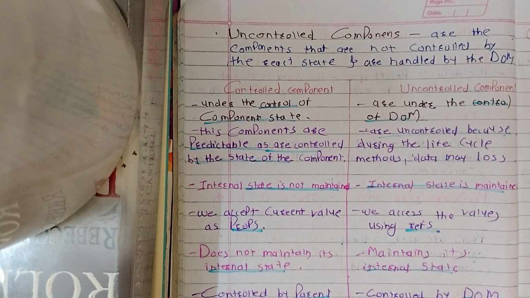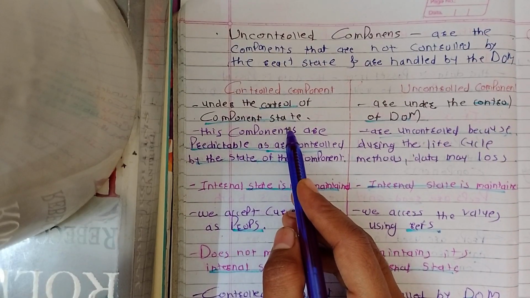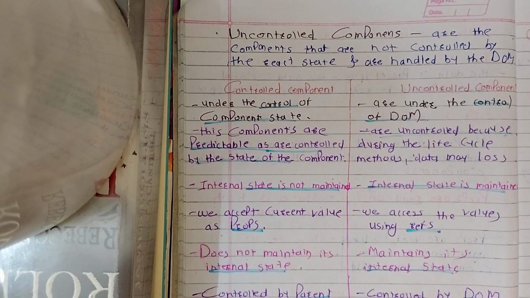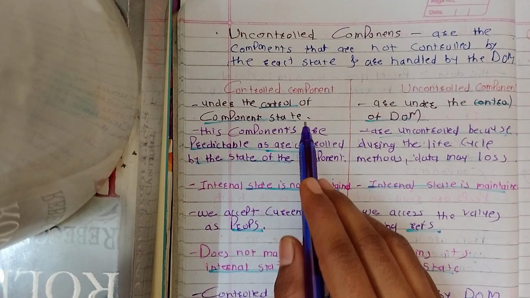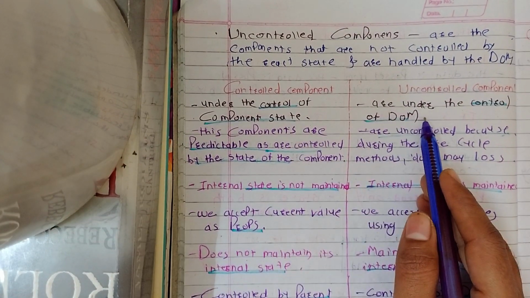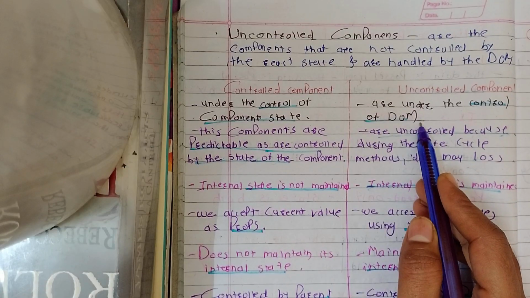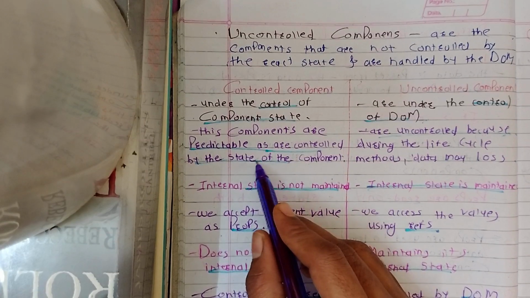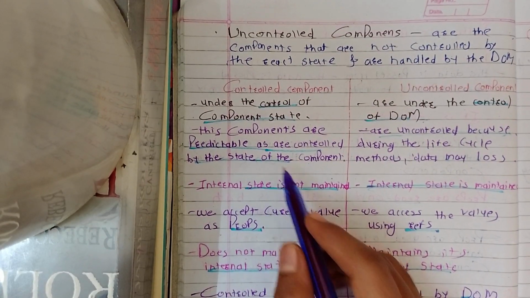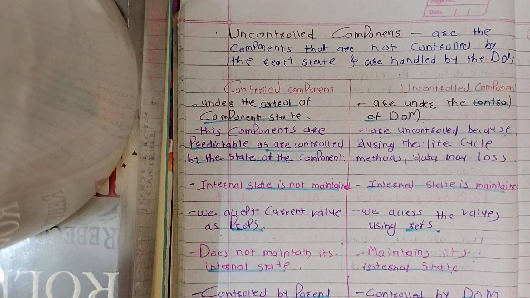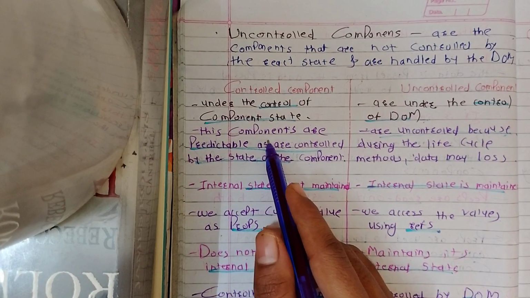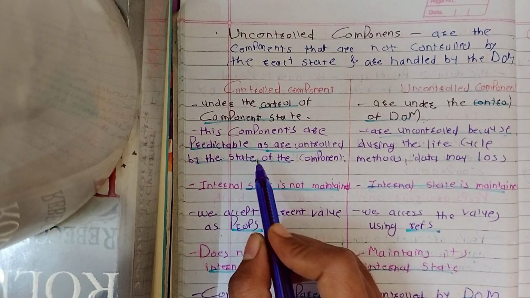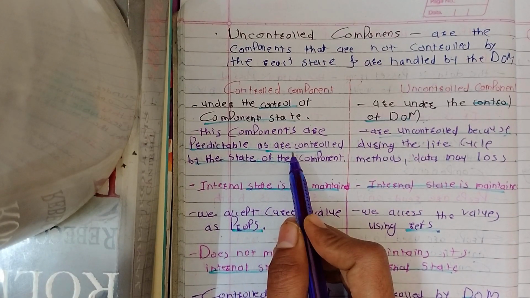Now we will see the difference between controlled and uncontrolled components. Controlled components are under the control of component state, whereas uncontrolled components are under the control of the DOM. Controlled components are predictable because all their functionality depends on props, state and the virtual DOM.